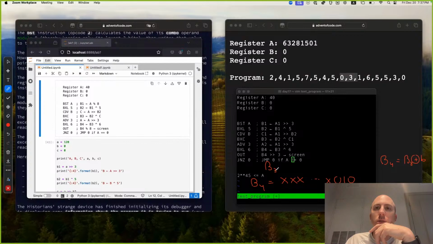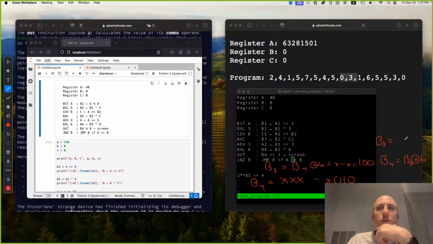So B3 is equal to B4 XORed with 6, which is going to be this X thing XORed with 6.